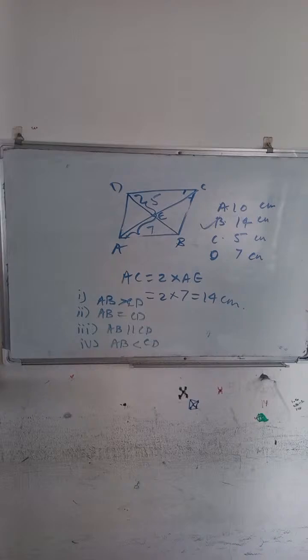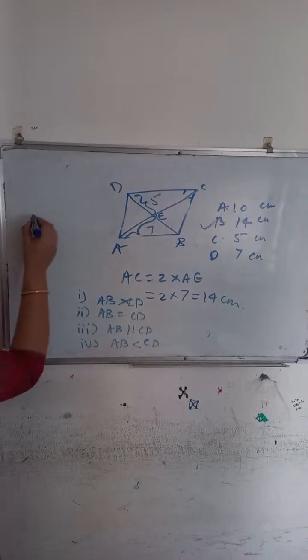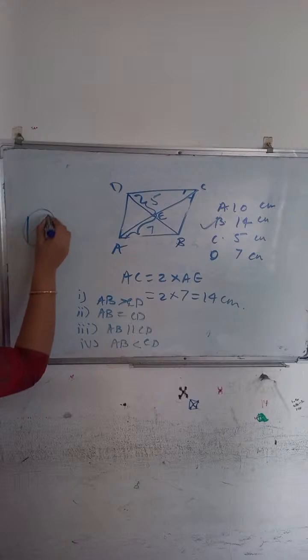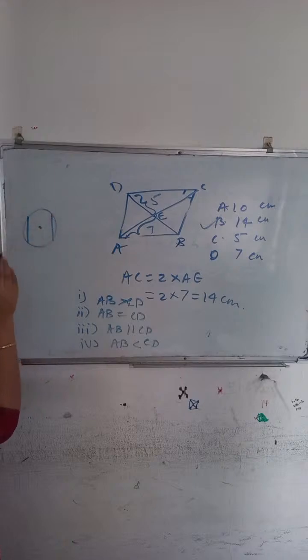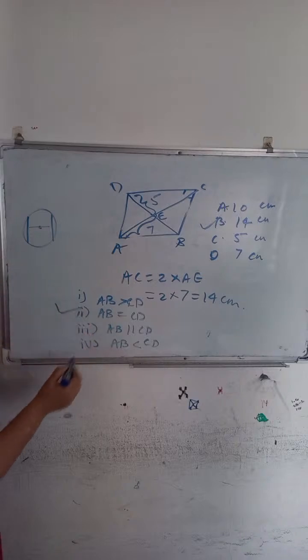So suppose here we have the circle and this is the center, and these both are the chords, and if they are equidistant from the center of the circle, that means the chords are also equal in length. So here you will get AB is equal to CD.